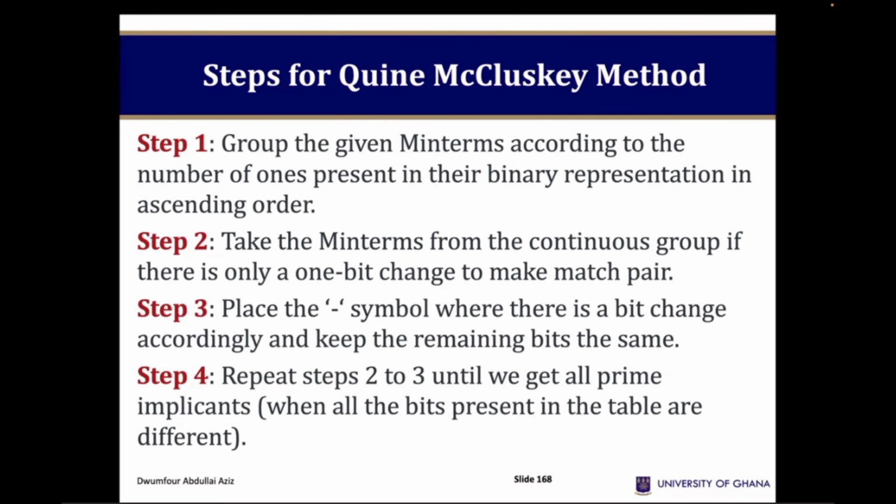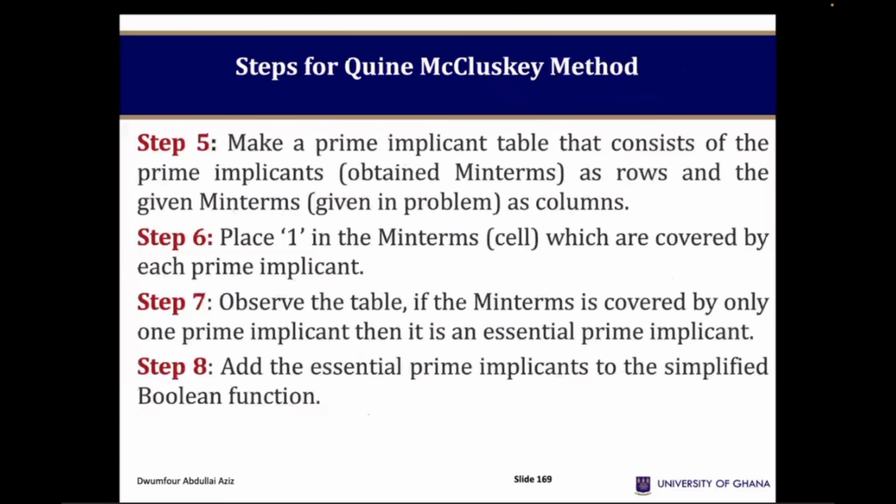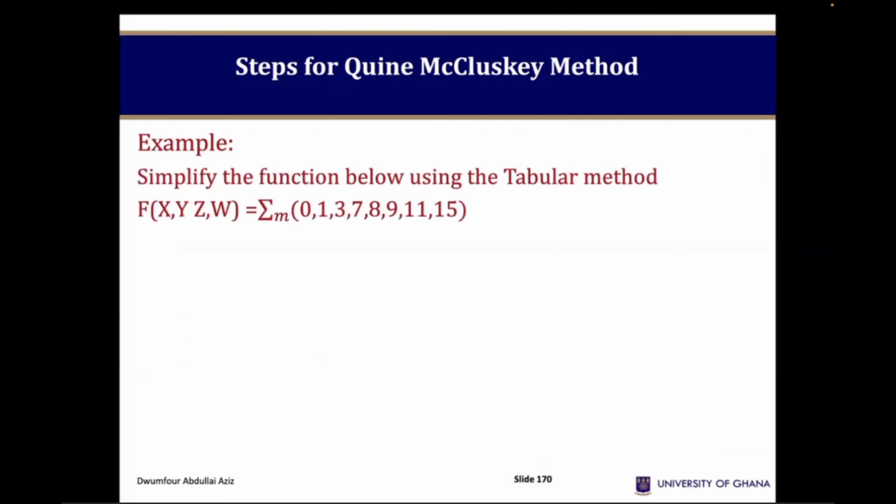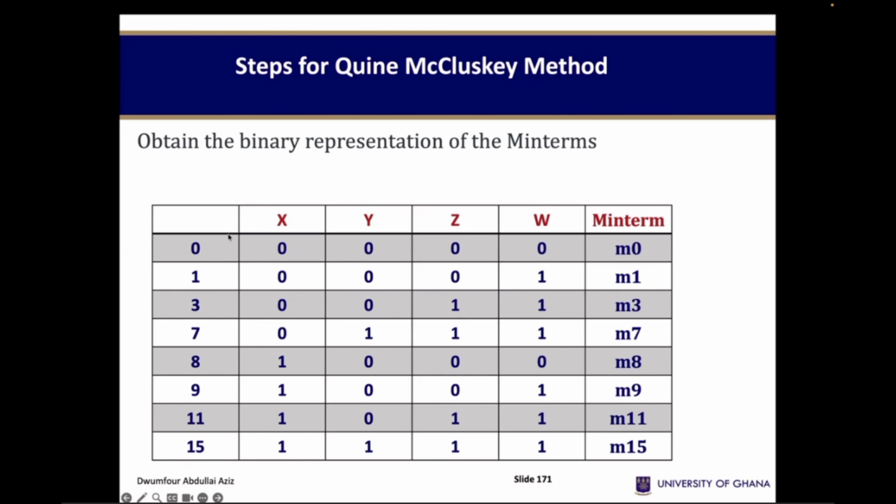We have been given this expression: simplify the function below using the tabular method. So these are the minterms that we have been given. Step 1 says, first of all, we need to write these minterms in their binary form representation. So we have a truth table. So we have 0.